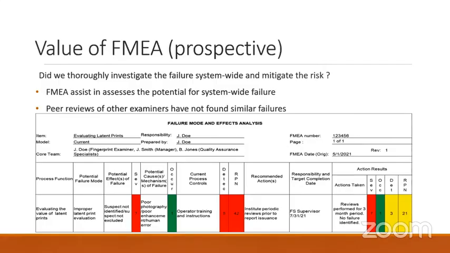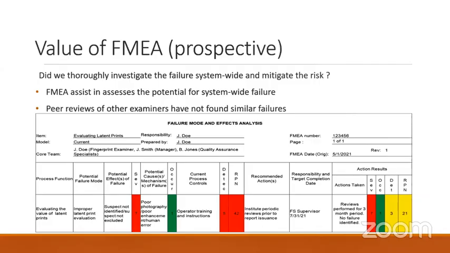So we institute a recommended action, which in this case is just periodic random reviews. We do that for 3 months, and what we find is that during that 3-month period, we had no failures identified. We rescore this. Severity stays the same, occurrence stays the same, but now detection is 3.